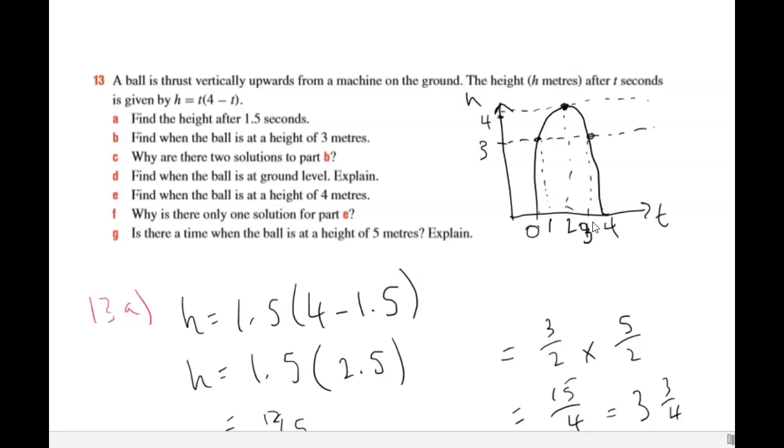And when you go into methods, you refer to your domain, which is your restrictions on your t. So we would say your t values go from 0 to 4 and including 0 and 4. So that's your domain. And your range are your h values. So that would be from 0 to 4.